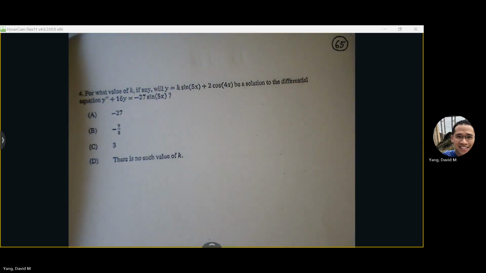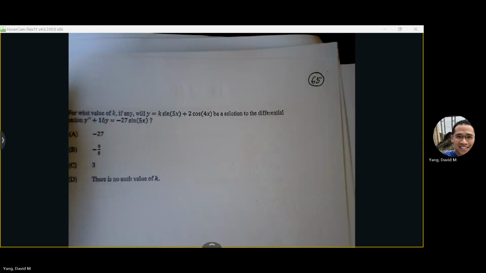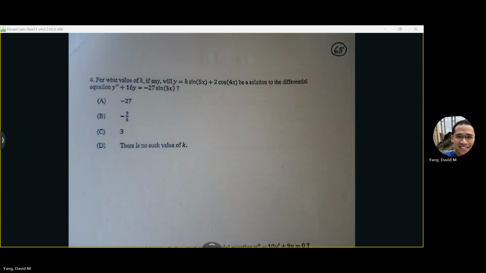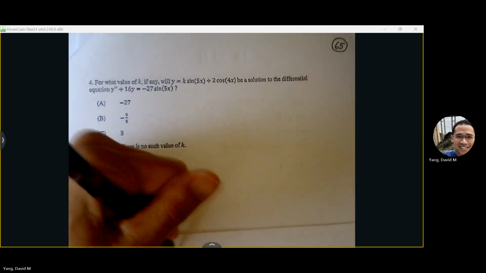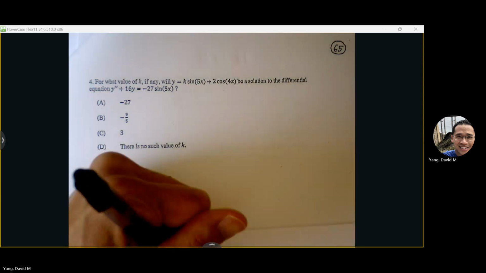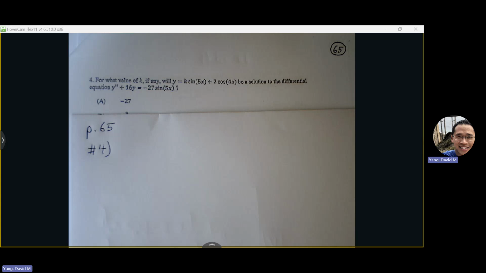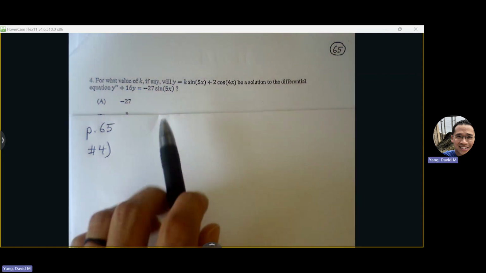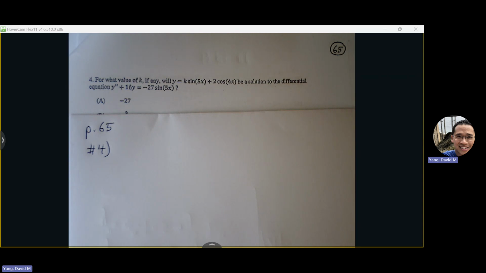Let me skip to number 4 on page 65. Okay, for what value of k will y equals k sine of 5x plus 2 cosine 4x be a solution to the differential equation?